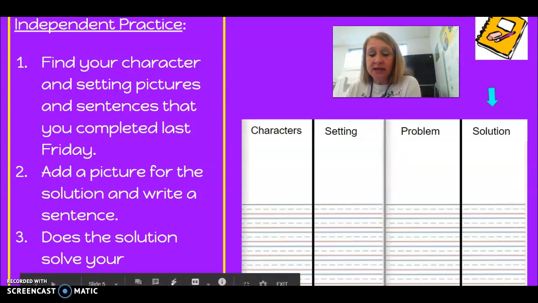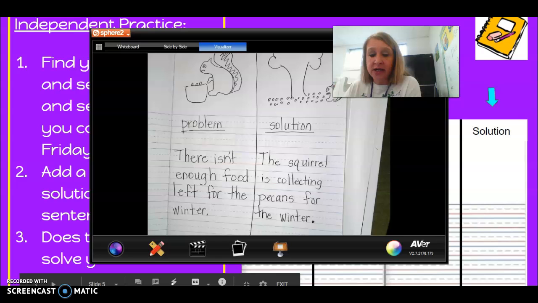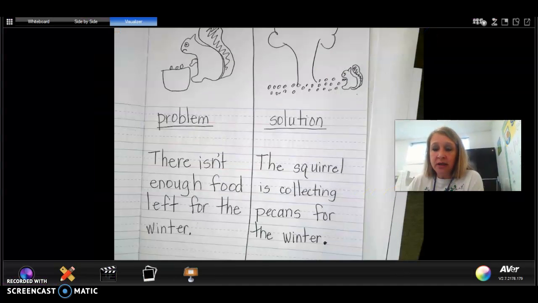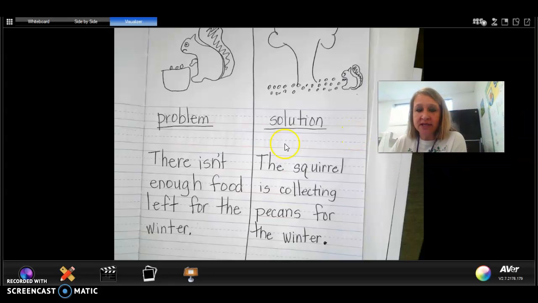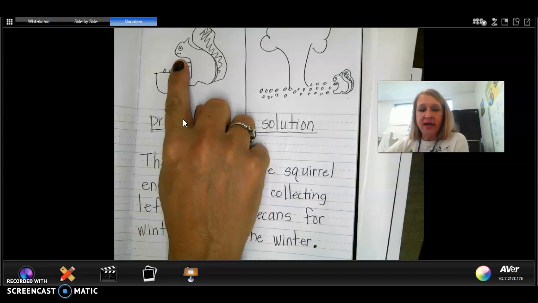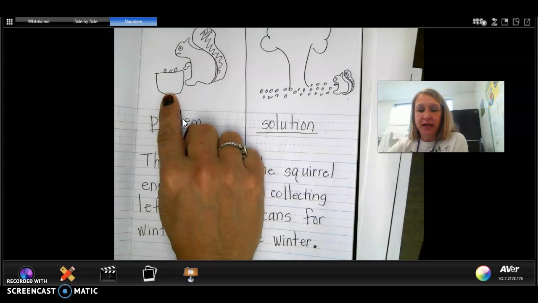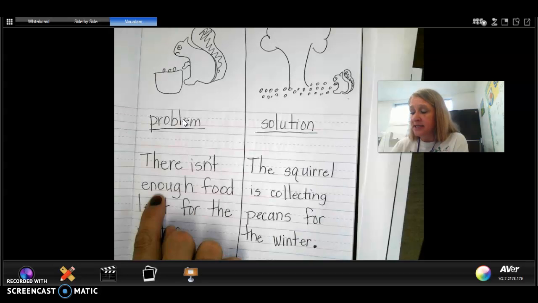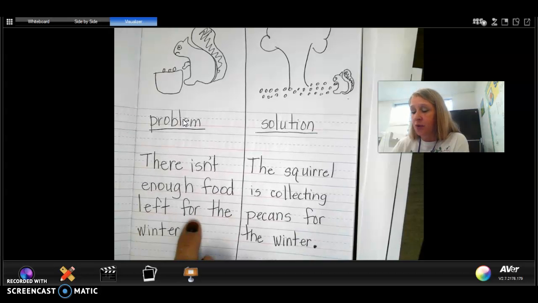So here is my solution that I drew for my problem that my squirrel was having yesterday. So yesterday he was really sad. He had a sad face and he had very little food left. He was running out of food. So the problem was there isn't enough food left for the winter.